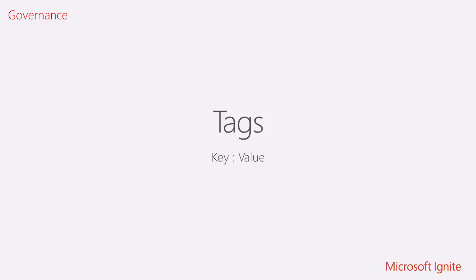Or you can put any key value, like departments, owners, testing or production purposes. And then through the portal, you can easily see all the services that are fulfilling these tags. And the nice thing is that you can also do this through the billing. Using the tags, you can know how much the resources are costing you by aggregating with the tags.